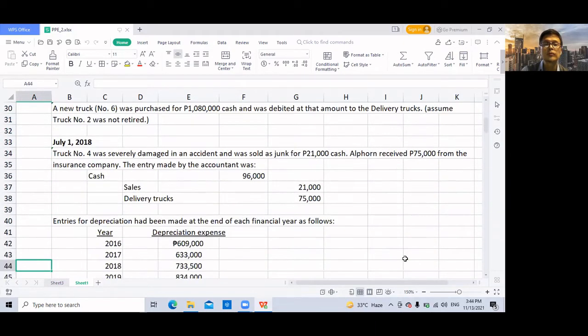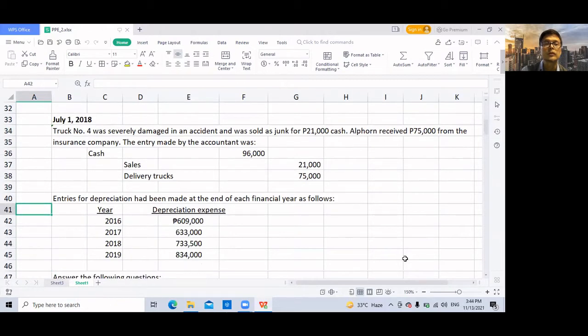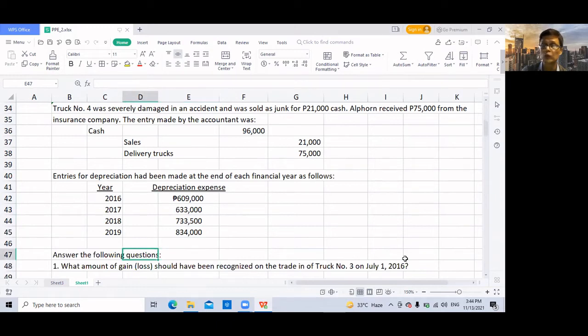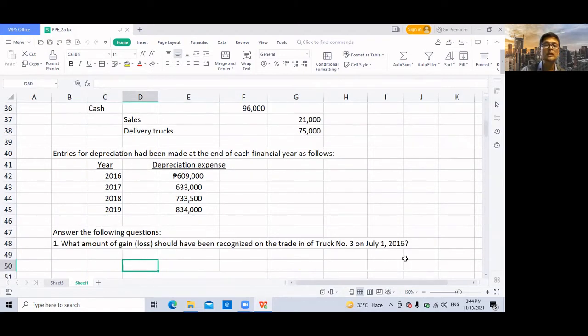So this is the depreciation made for 2016, 17, 18, and 19. Let's answer the following questions. What amount of gain or loss should have been recognized on the trade-in of truck number 3 on July 1, 2016?